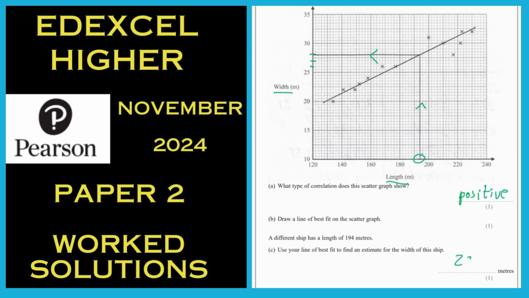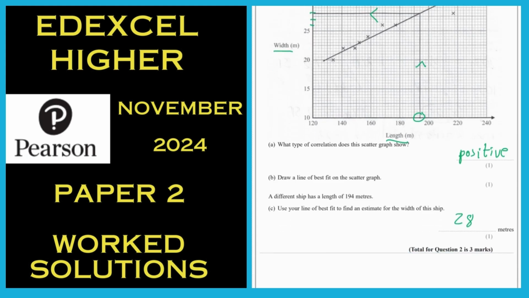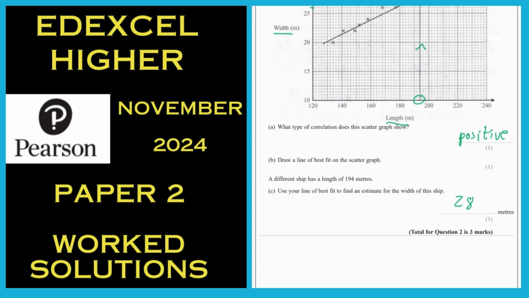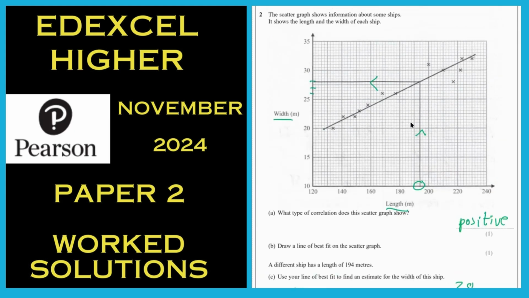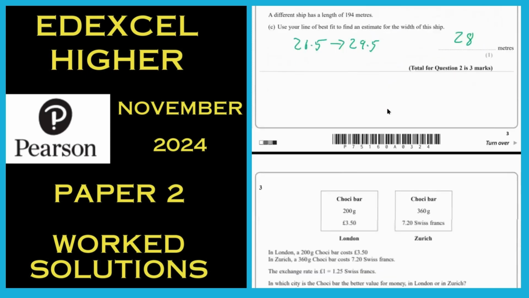Mine's coming out at 28. And a quick glance at the mark scheme: the mark scheme allows anything between 26.5 to 29.5 inclusive, or they do follow it through from your line of best fit, which again is why you should always draw on it.